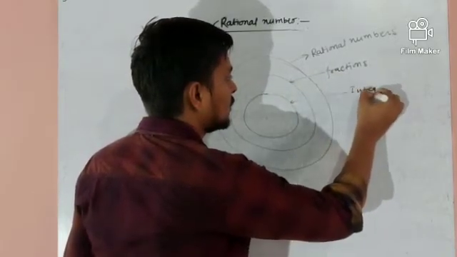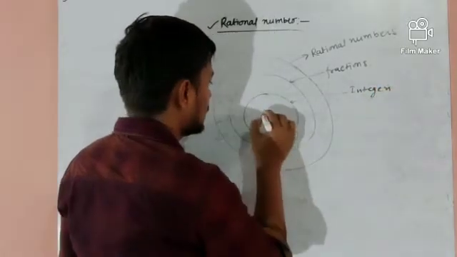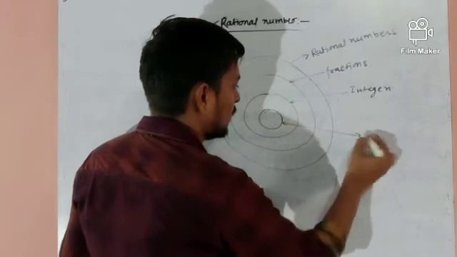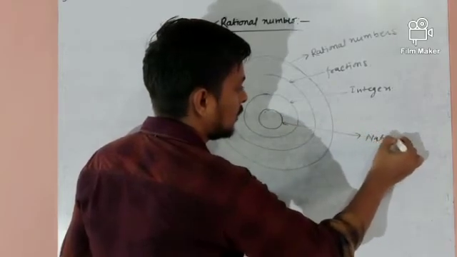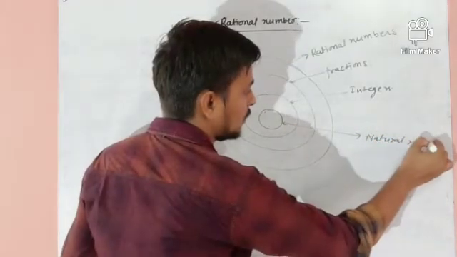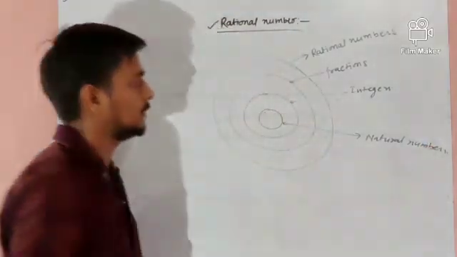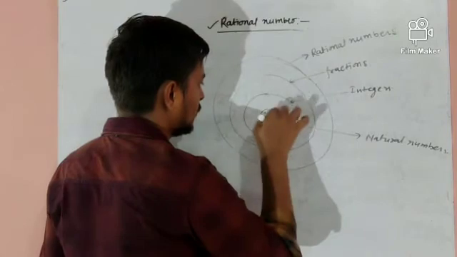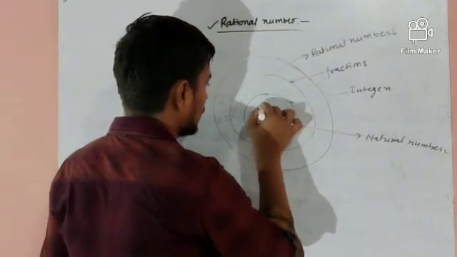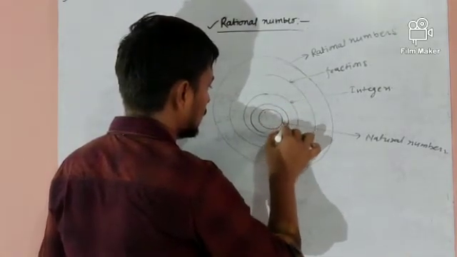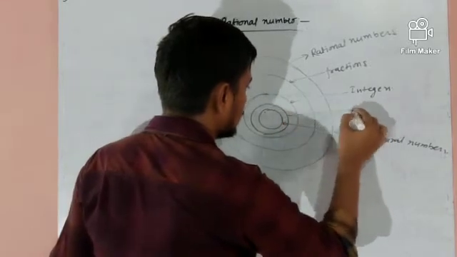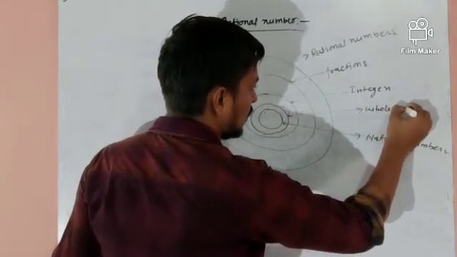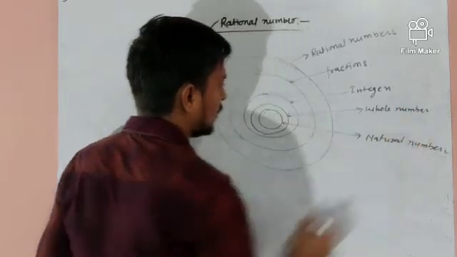Integers. This is what? Integers, and the natural numbers. Natural numbers. You can also write for the whole number. This is whole number, right?